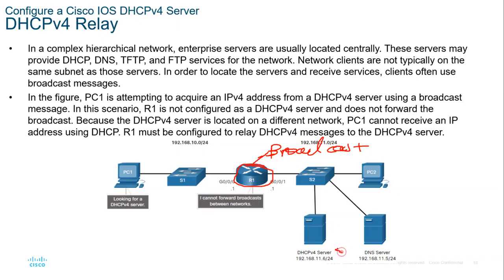So here we have our server, which is this. Then we want this PC to pick the IP address automatically from this server.